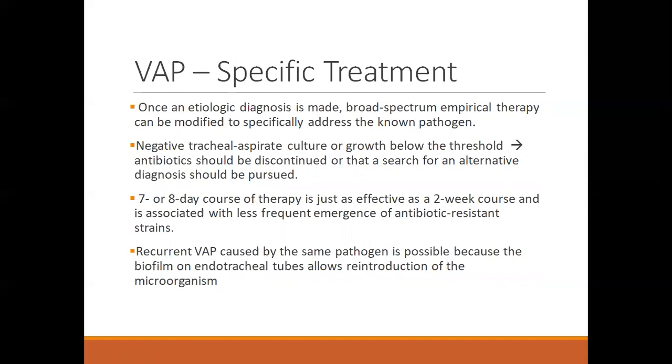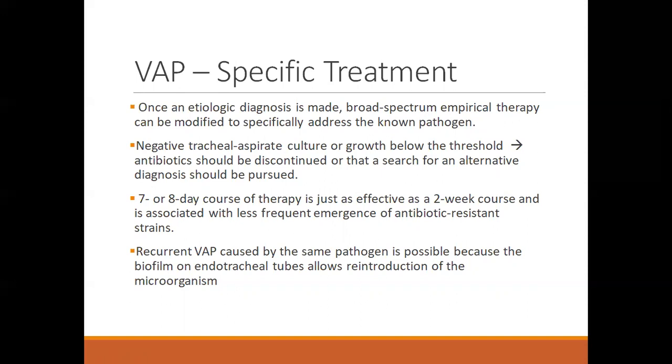Usually, a 7 to 8 day course of therapy is effective versus a 2-week course, and is usually associated with less frequent emergence of antibiotic resistant strains. So whenever possible, just give a 7 to 8 day course of antibiotic therapy.